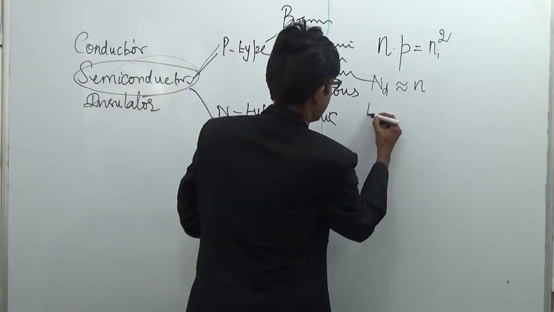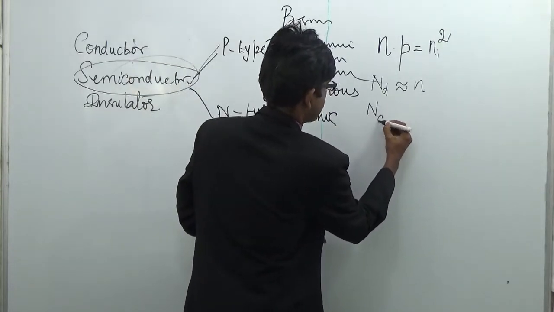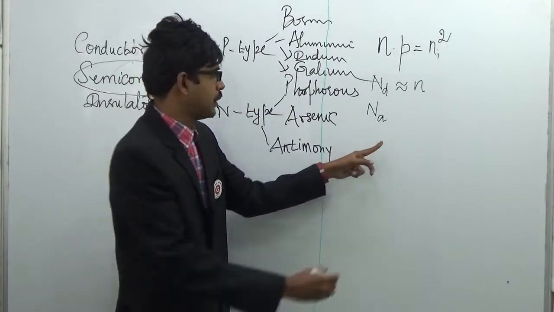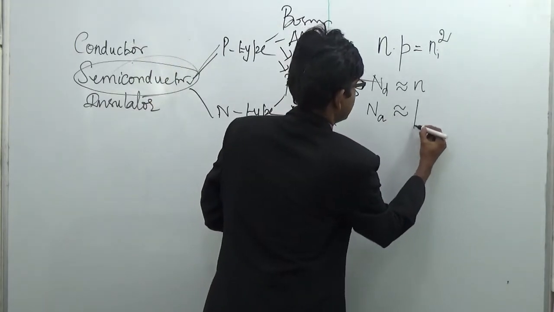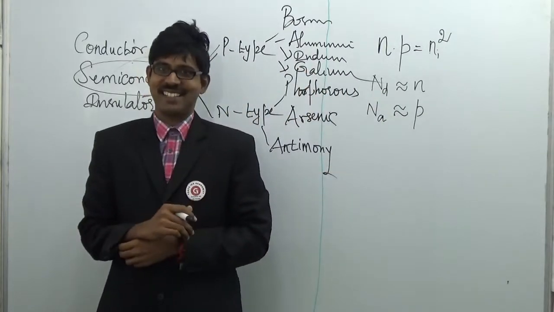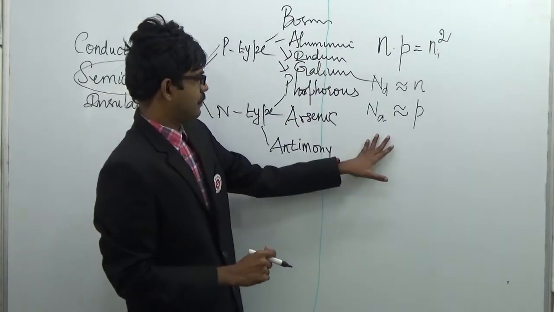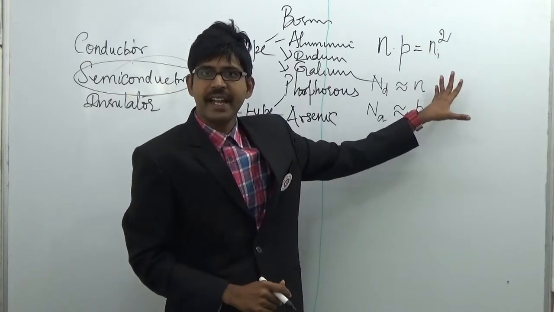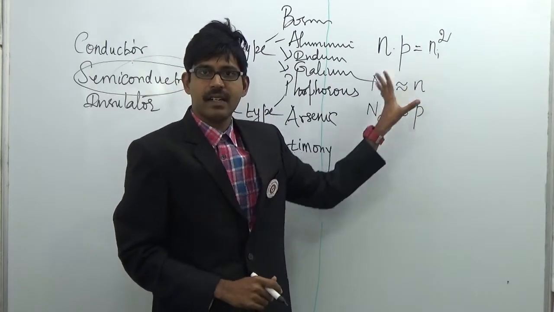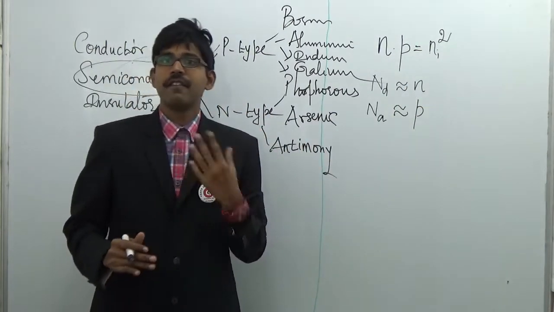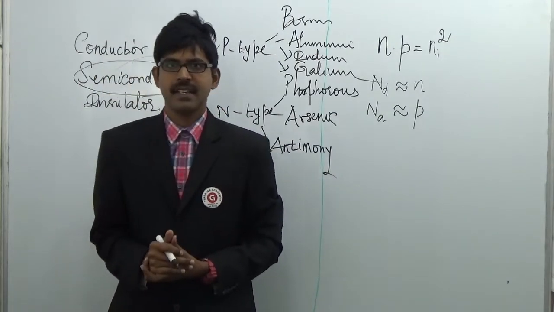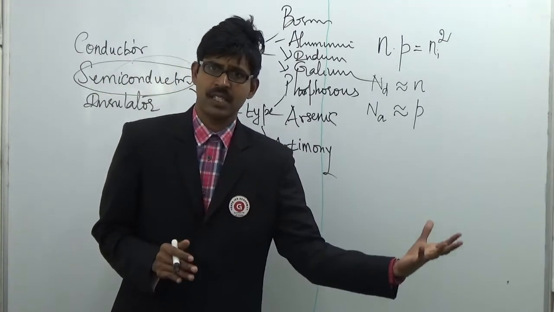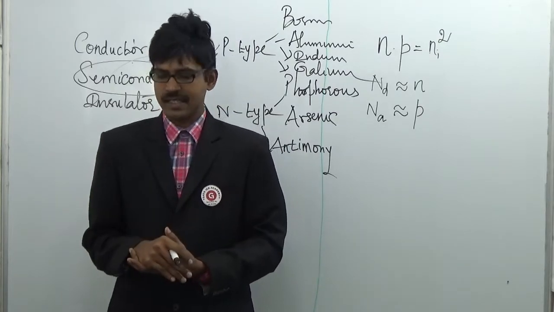Similarly, the acceptor concentration can be approximated to the hole concentration. Got it? Having this knowledge, you can find the electron concentration or the hole concentration, given any one concentration and the intrinsic concentration.